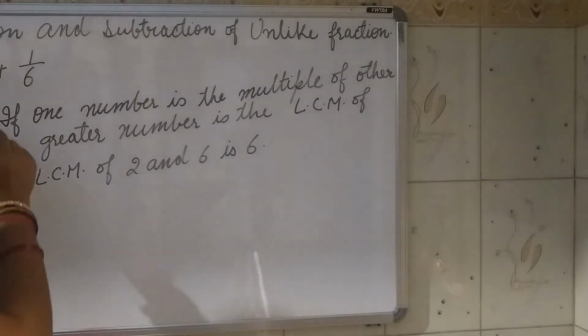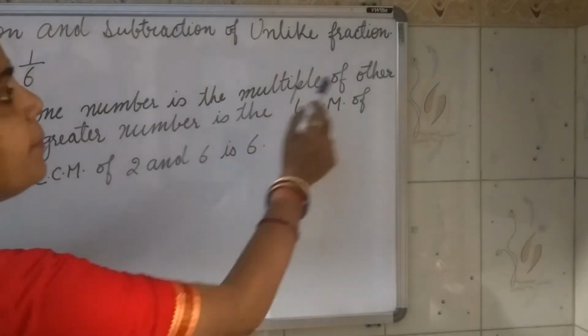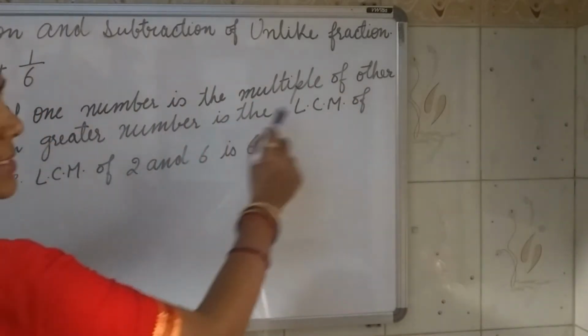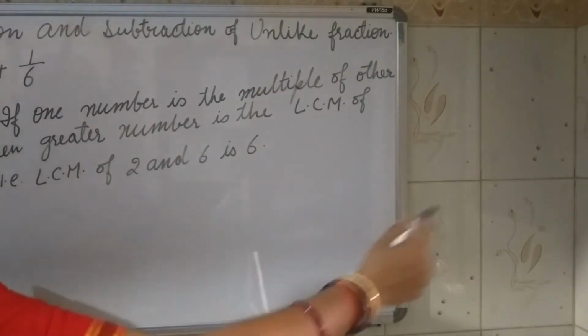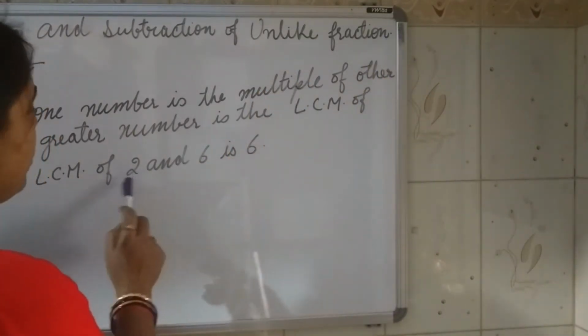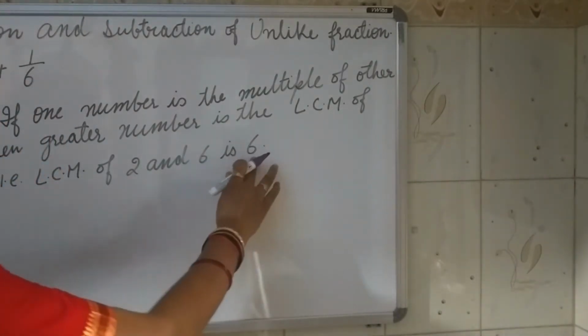So if one number is a multiple of the other, then the greater number is the LCM of both. So we can directly say the LCM of 2 and 6 is 6.